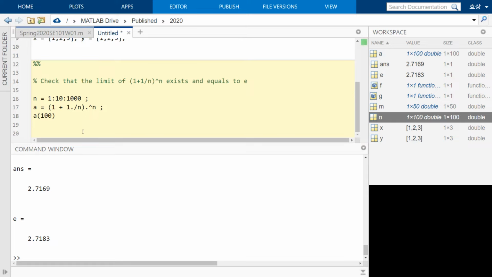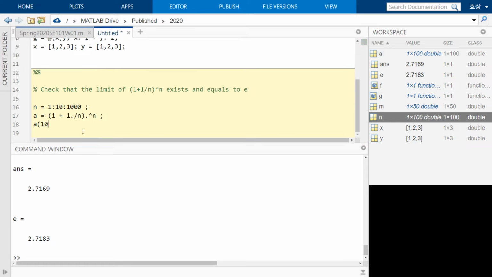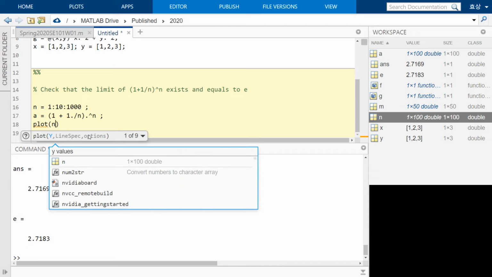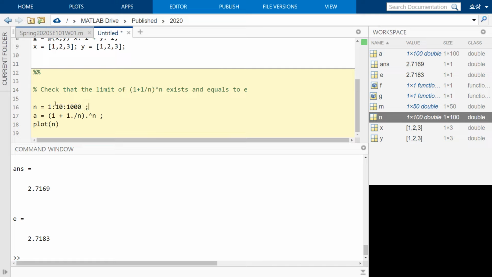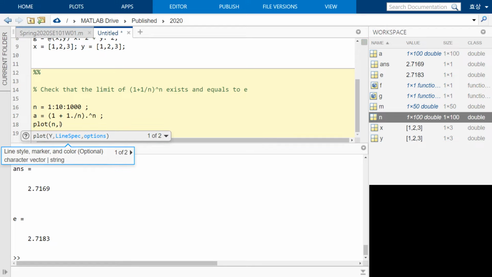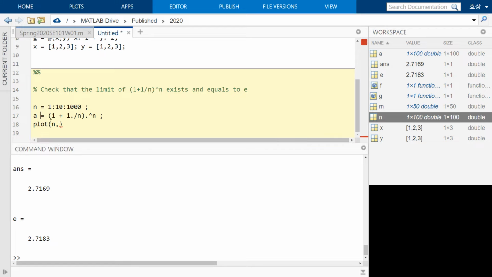And let's try to plot these values. So let's plot the points. So the x value, the horizontal line, is the array of n. So here we have step size 10 from 1 to 1000, and then the y value is the value of a, the sequence.